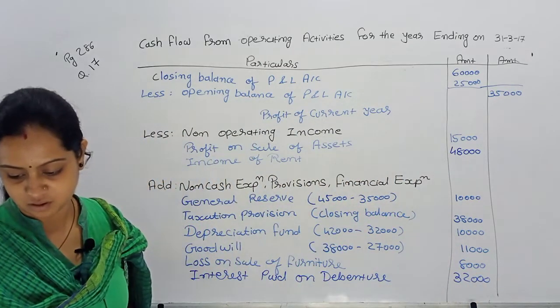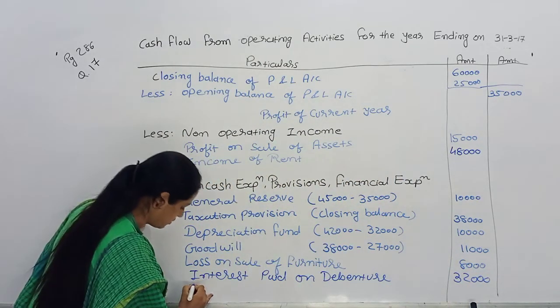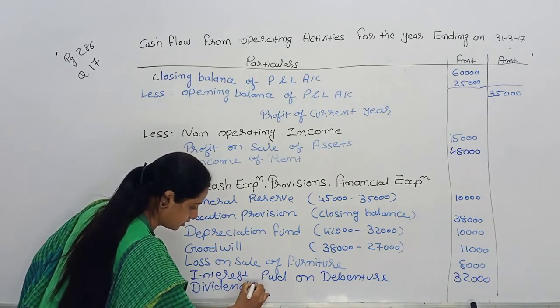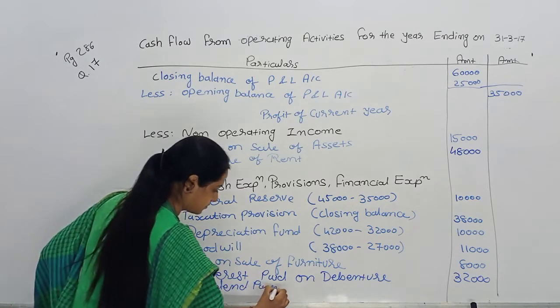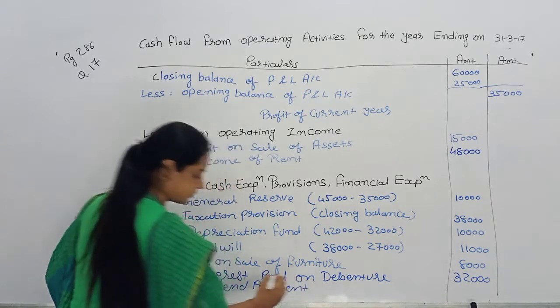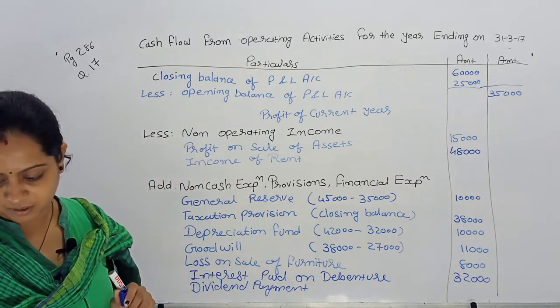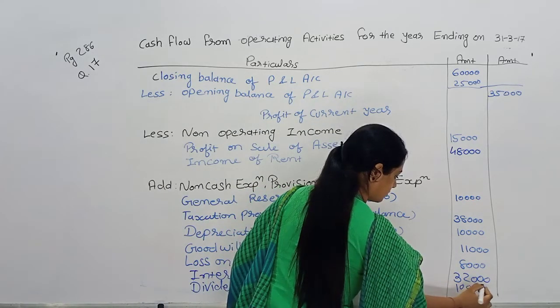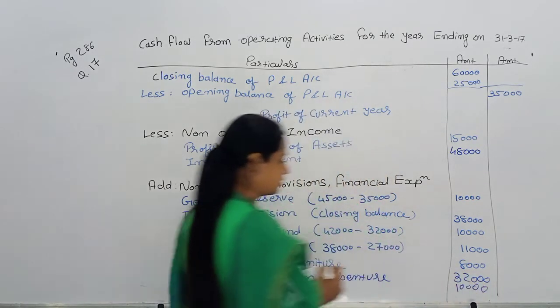Then comes dividend payment, that is also our expense. Dividend payment, amount is 10,000. Right?